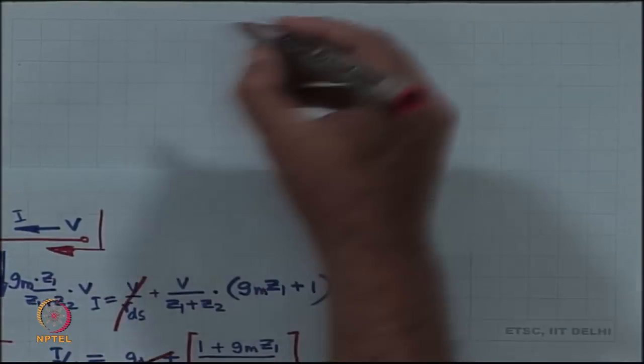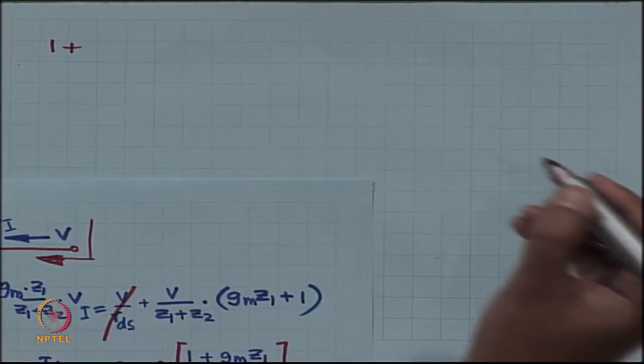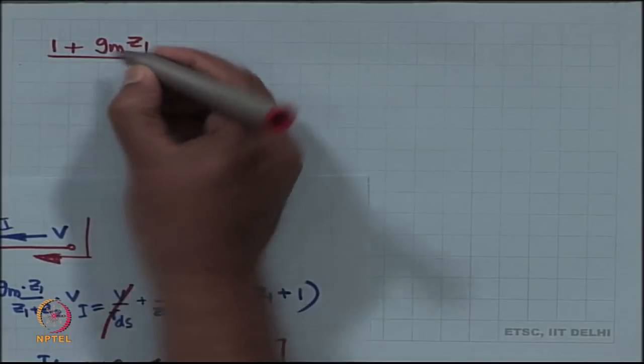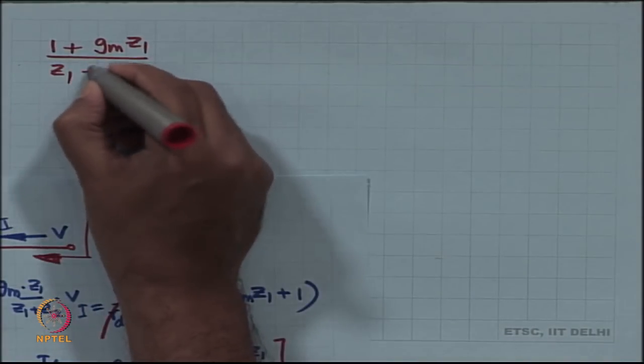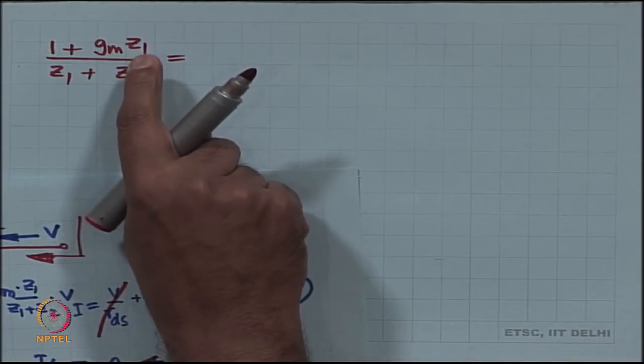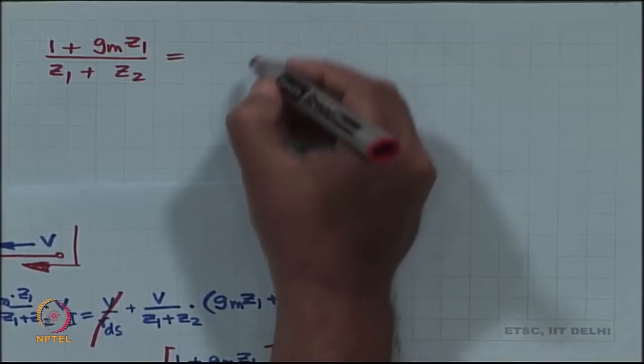So, this output conductance is, so let us divide numerator and denominator by Z1 Z2.